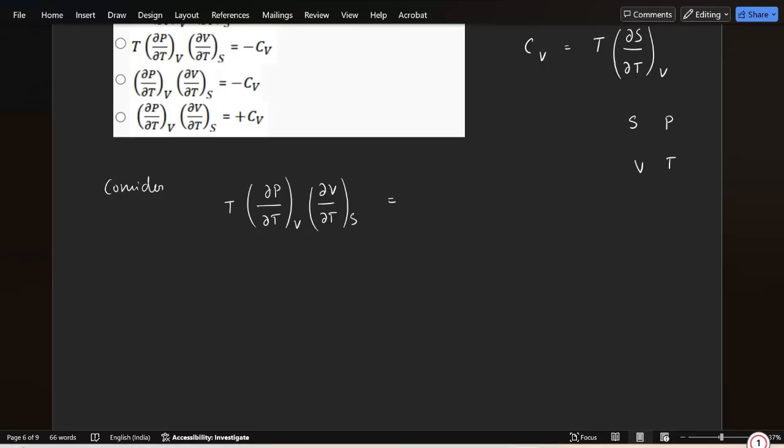So let me see this. Let's do this: V, T, S. It's not natural, but still we'll do it. Let's say we want this. And so what we'll have to do is go like this and something like that.